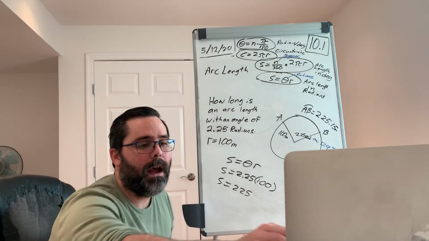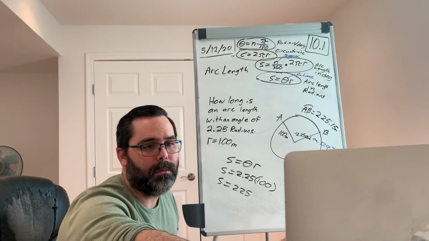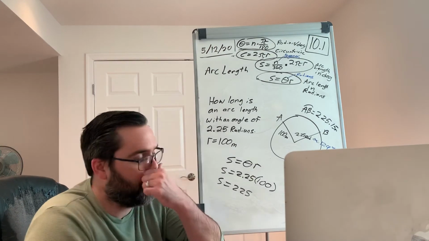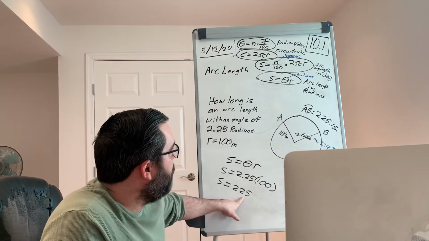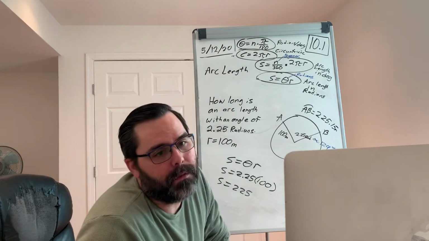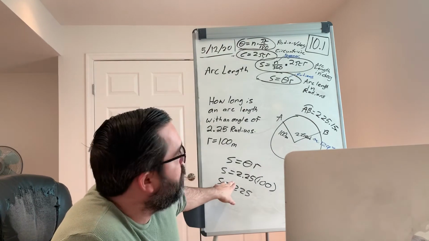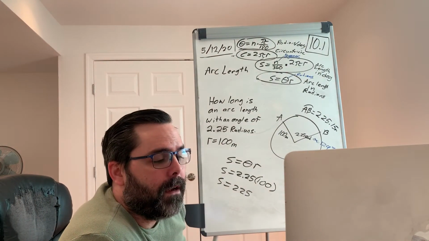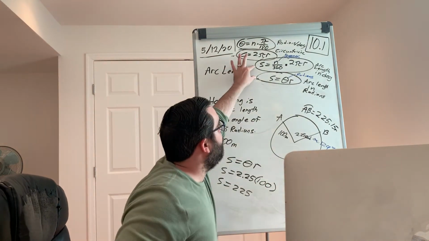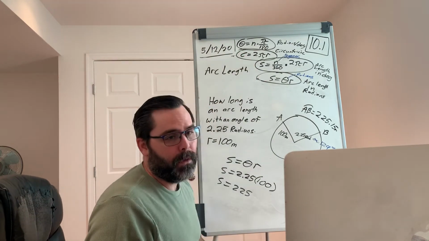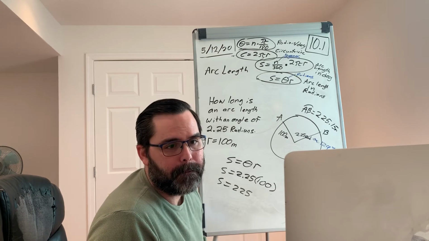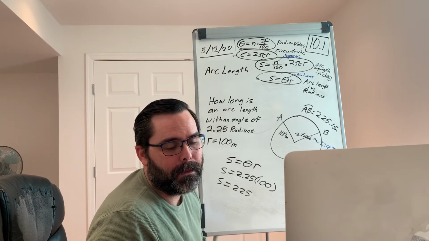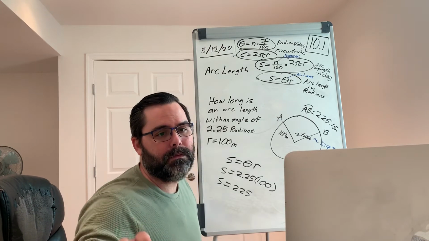This is actually more accurate than the other one because we didn't approximate pi. But 225 is close to 225.15, right? Okay, so this is the fast way, that's the long way. Again, these two formulas find the same thing, but one uses degrees, one uses radians. Any questions? No.